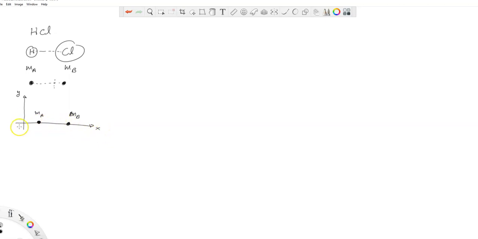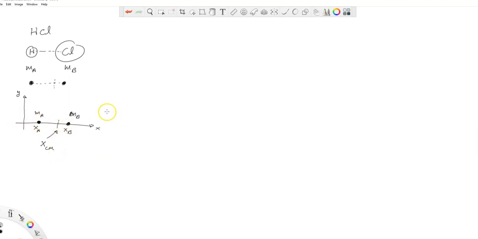If you measure the distance from the origin, we can call this XA. We can call this XB, the distance from the origin to point B. And the point where the center of mass is, which we're going to calculate, let's call this X center of mass. So this is what we want to find out.